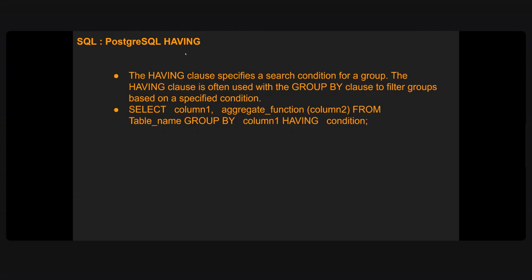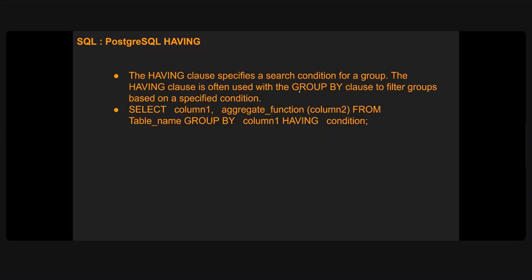Having. The having clause specifies a search condition for a group. So having means it's a search condition that you are looking for, and it is often used with group by. Just make sure whenever you use having, you use group by, otherwise it will throw an error saying you need to use it with group by. I'll show you that also.